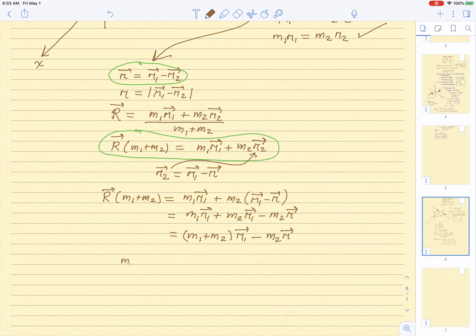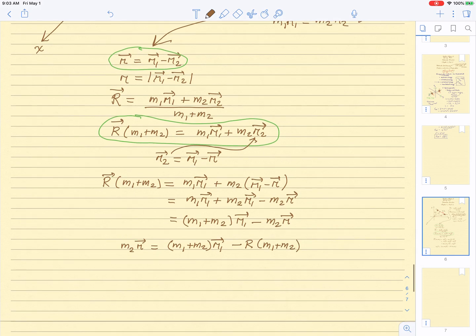So this is going to be M2 R vector equals M1 plus M2 times R1 minus R times M1 plus M2. And so we can divide through by M2.